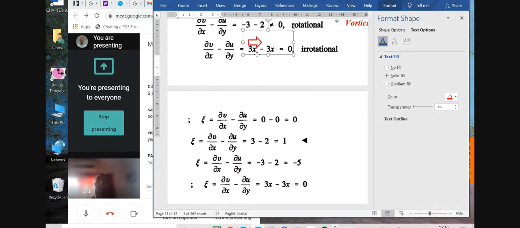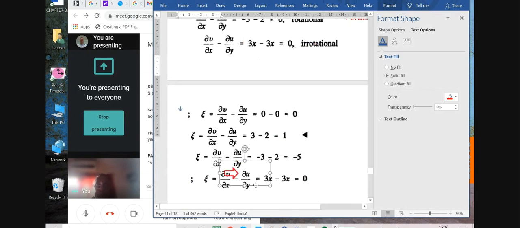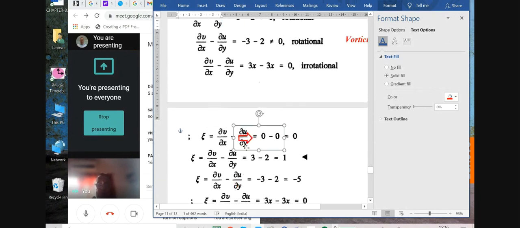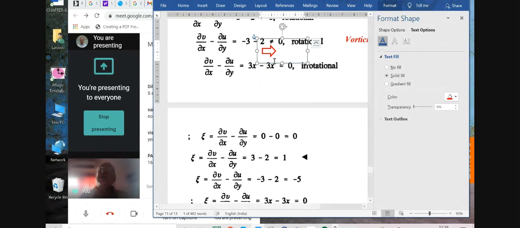For the remaining, for this one, it is irrotational, so this is 0. And similarly, for this case, this is also irrotational, so here also you are getting 0. So this is how we can find whether the flow is rotational or irrotational.